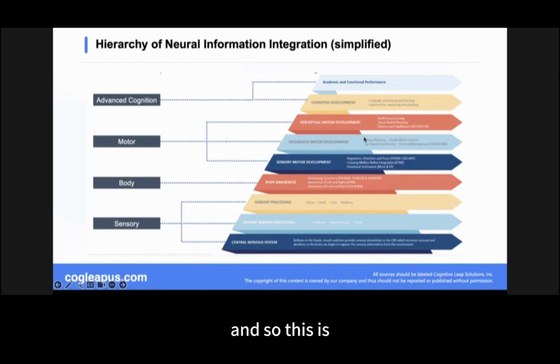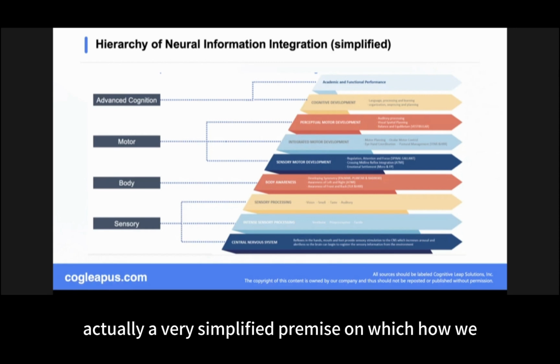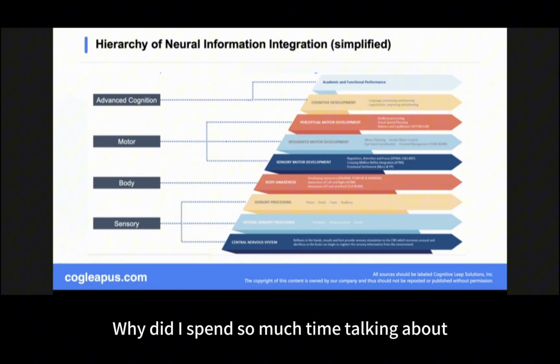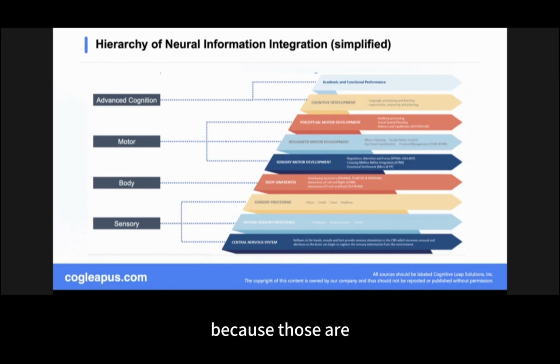And so this is actually a very simplified premise on which we build the HFS intervention. Why did I spend so much time talking about brain differences? Because those are exactly the areas that we want to target.